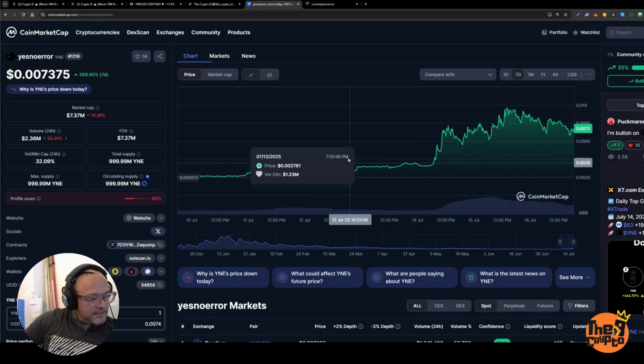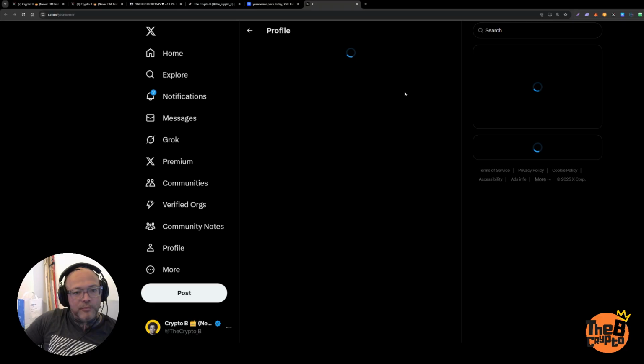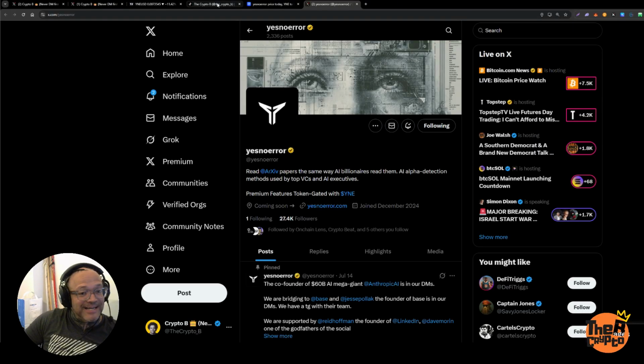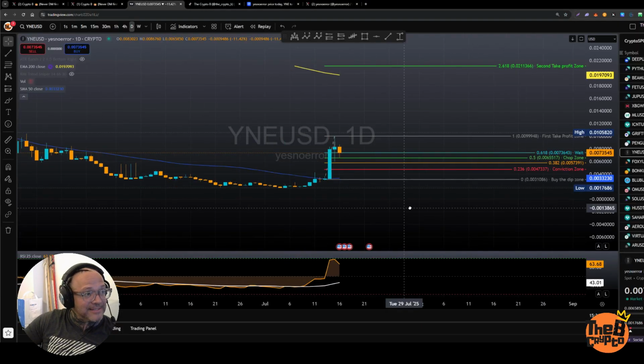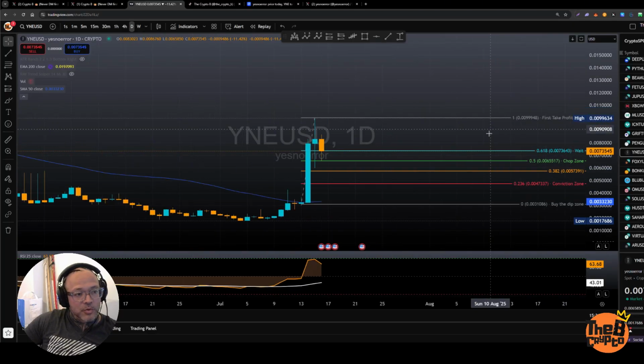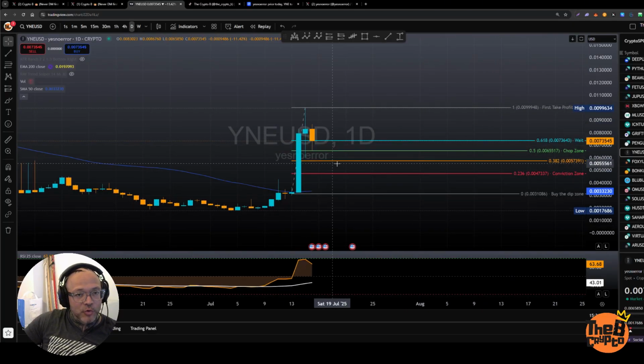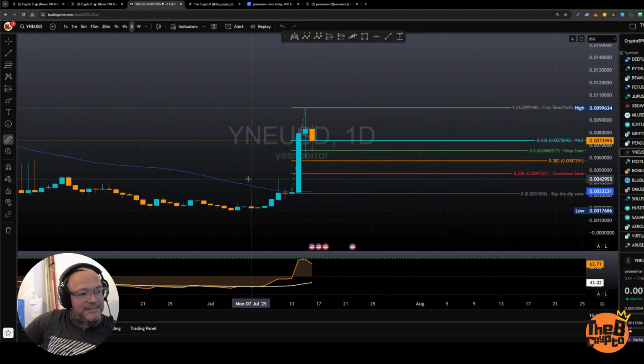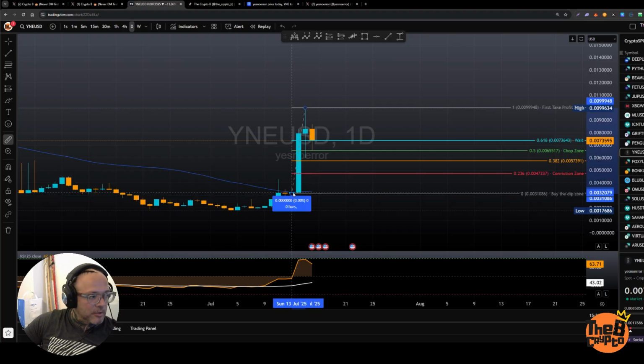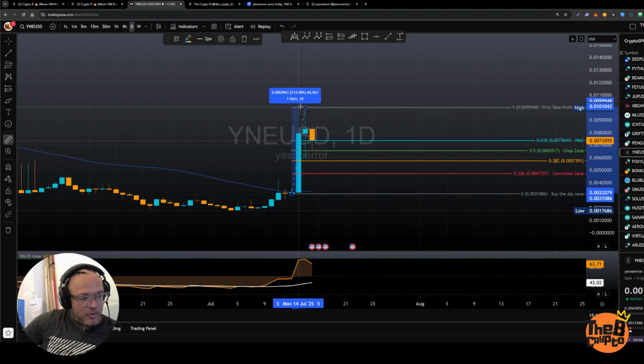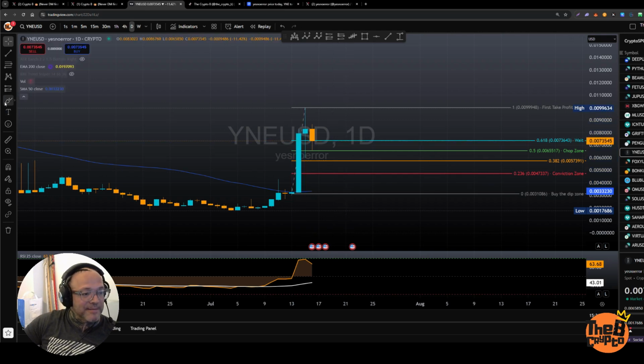These projects, look, it has done a nice pullback now. If you look here, it reached my chop zone. This is crazy, right? Look at this, in 2 or 3 days it did 200%, 210%.